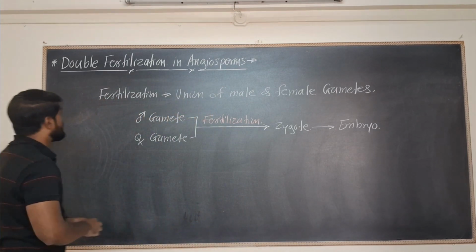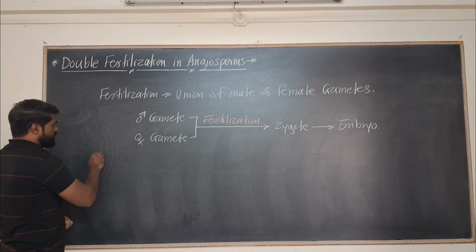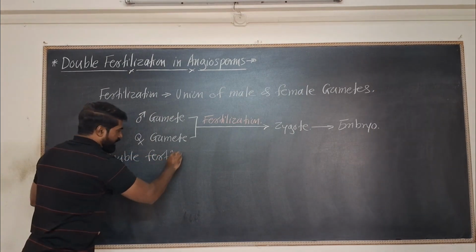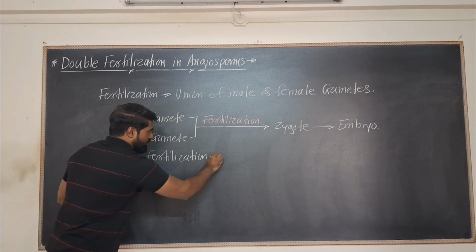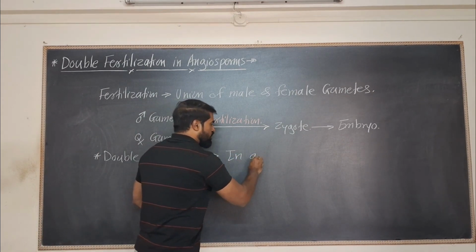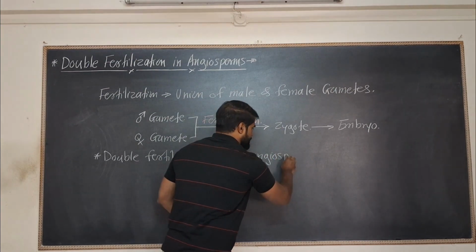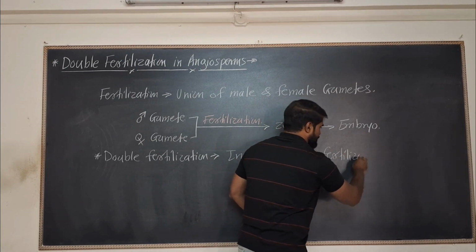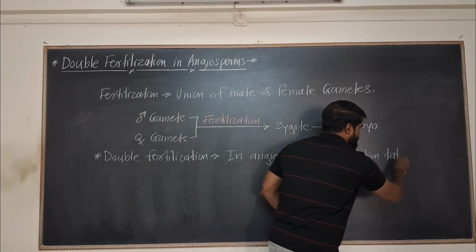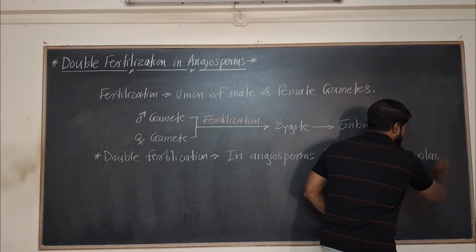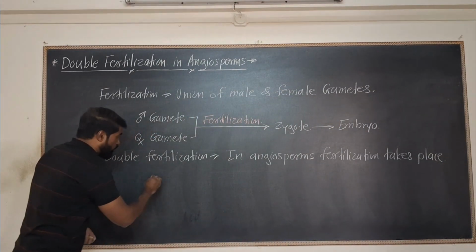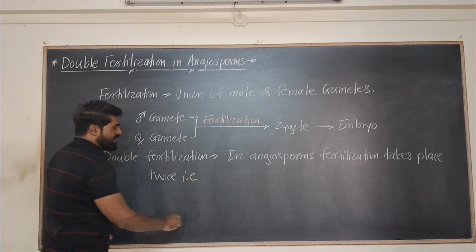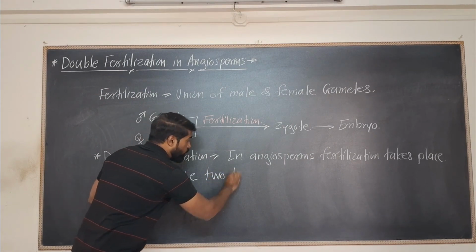So why it is called as double fertilization? In case of angiosperms, fertilization takes place twice, that is 2 times.